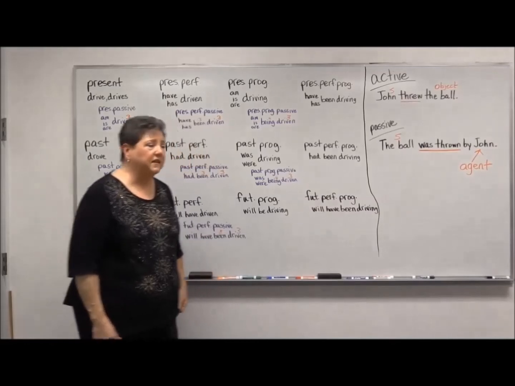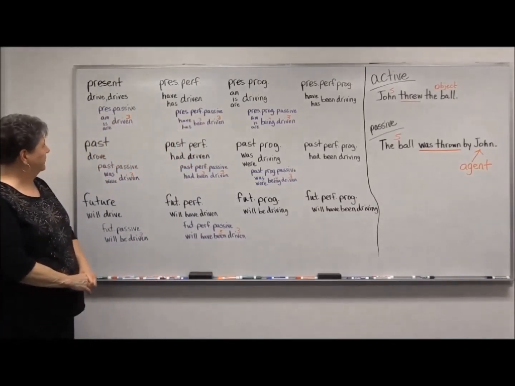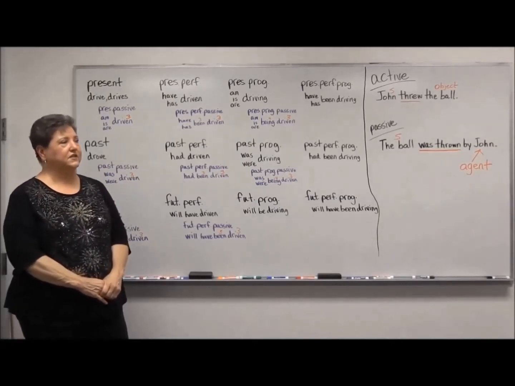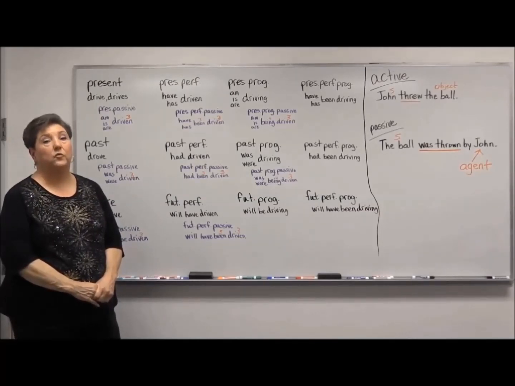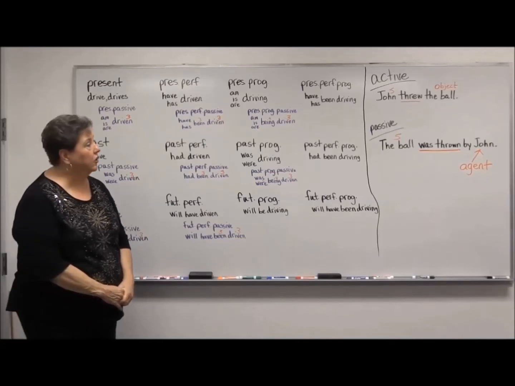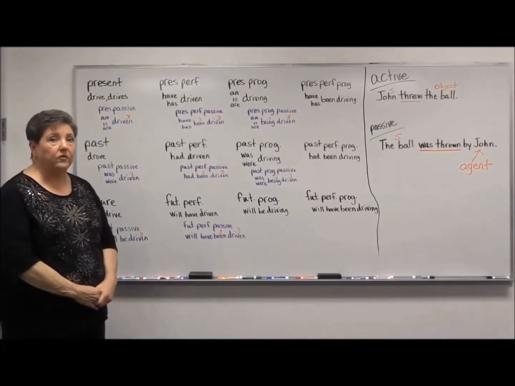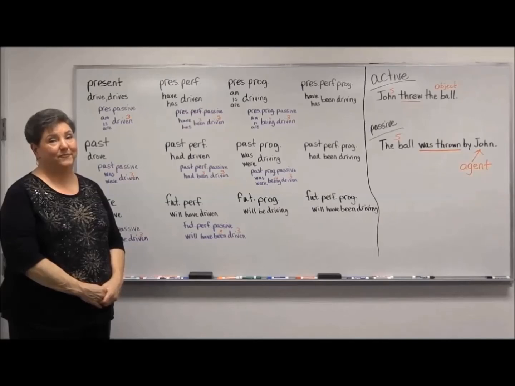But what do you see at the end of every passive verb? Verb 3. Now here's the next thing you need to see. When you see the verb 3 at the end, back up. What's the word right before it? Look at all of them. What's the word right before the verb 3? Did you see it? Yeah, it's a be verb.